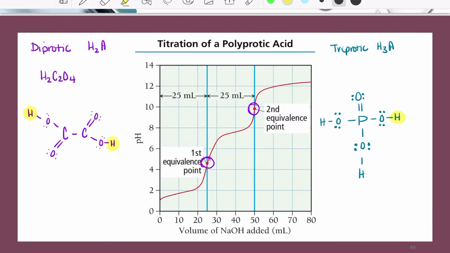It will lose all three of these protons, but in three successive steps. So each one would be lost at a different point and a different equivalence point. And in triprotic, we would see a third equivalence point near the top of the graph.